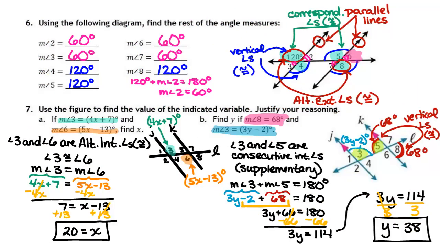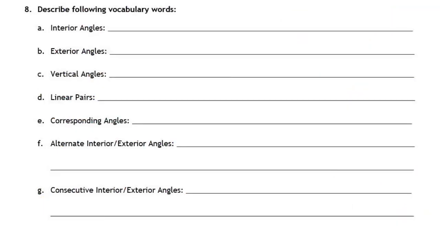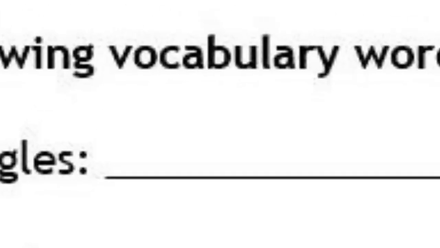All right, let's flip the page. Let's review all the different special angle relationships that we talked about on Friday. All right, so first we're going to redefine interior angles.